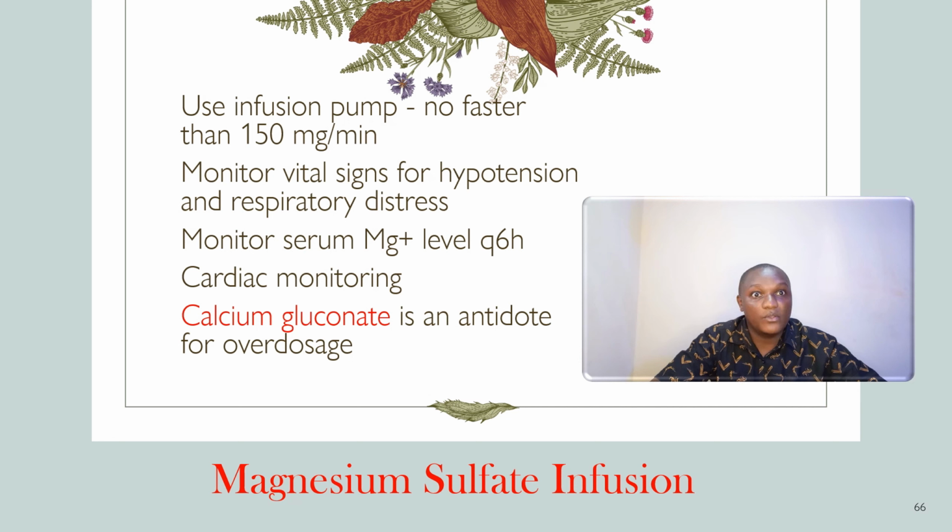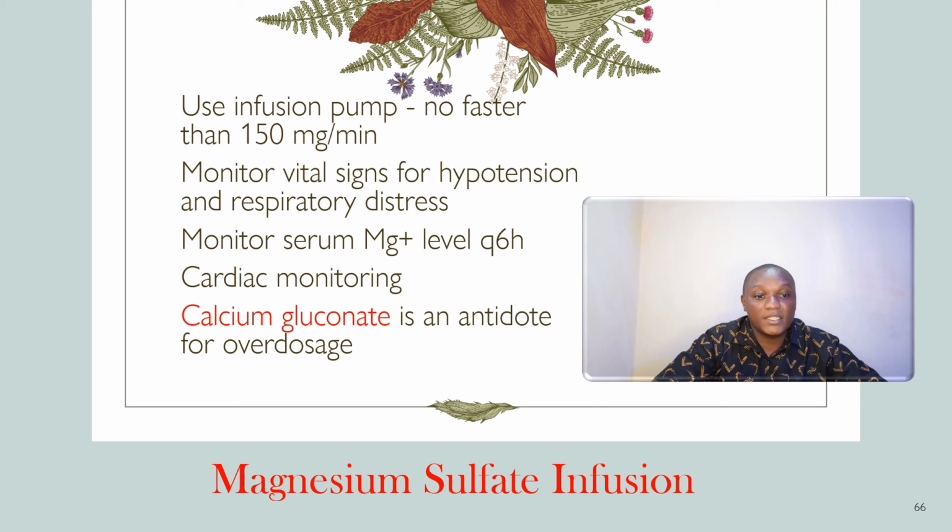If you find a client on magnesium having a breathing rate of 10 breaths per minute, what do you do? Discontinue magnesium sulfate and give the antidote, which is calcium gluconate.